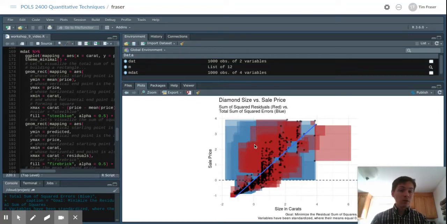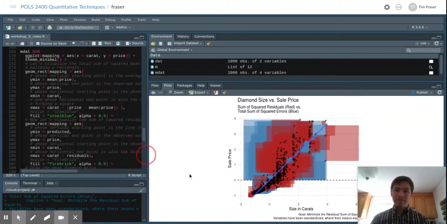R squared tells us what percentage was explained. You could think of it as the blue part not covered up by the red. Nifty, right? I won't worry about it too much. The main thing to remember is that R squared is the percentage of variation in the outcome variable explained by our model.